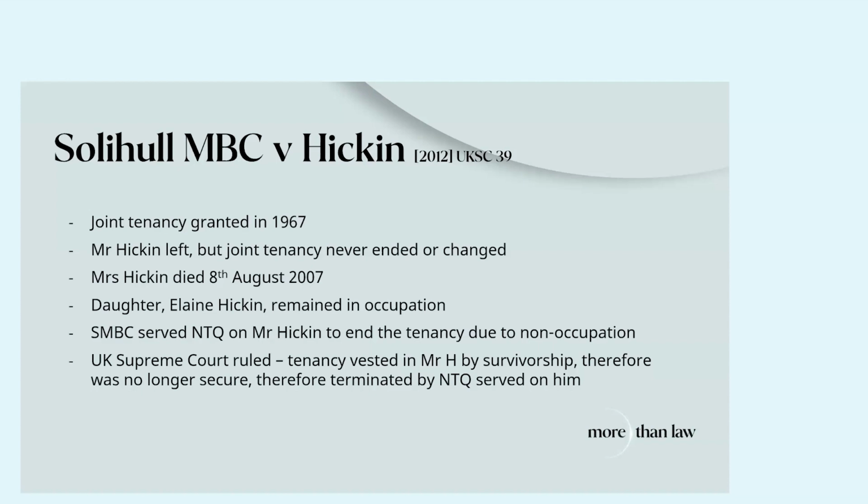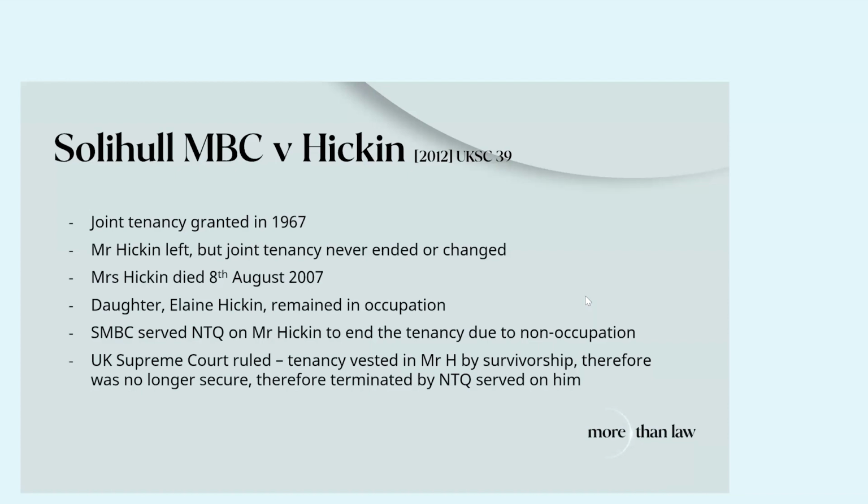What happened was Solihull Metropolitan Council served a notice to quit on Mr. Hickin as the surviving sole tenant, because he was no longer living there. So no matter where he was, he was a sole tenant. And because he wasn't living there, it was no longer a secure tenancy, and the tenancy was terminated.